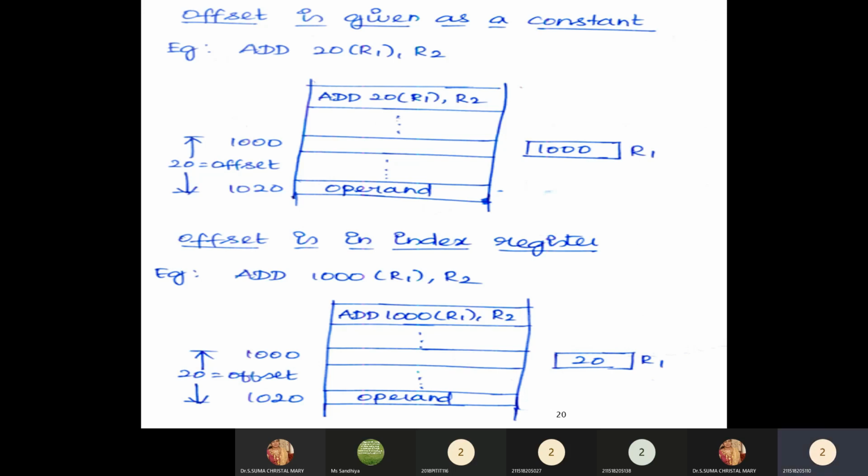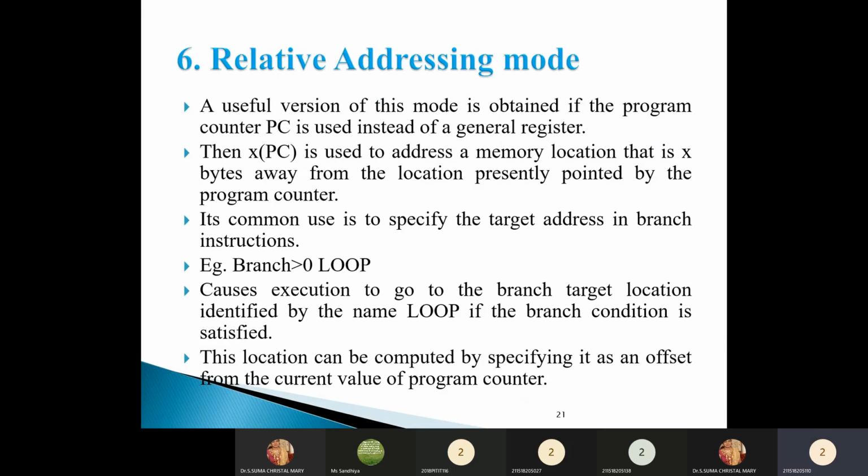On the left side we can see 20 is equal to the offset, and here also in the constant offset we can see 20 is equal to the offset. We are adding the variables to R1 to reach the operand. And let's move on to the next slide.